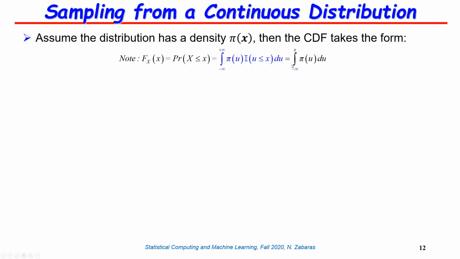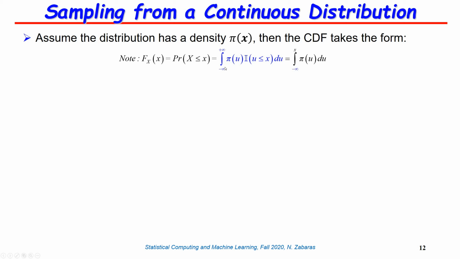But notice how I am writing here. Instead of having to integrate from minus infinity to x, I plug in this indicator function of u being less or equal to x, and I write the limits of integration from minus infinity to plus infinity, and I'm going to make use of this in my derivations today. Notice the two integrals are the same because this indicator function is 0 if u is greater than x.